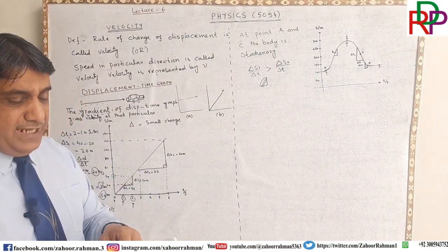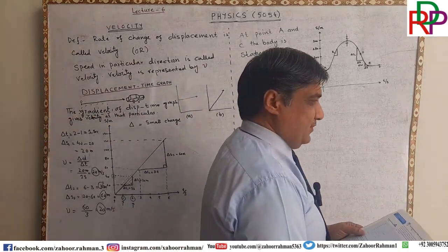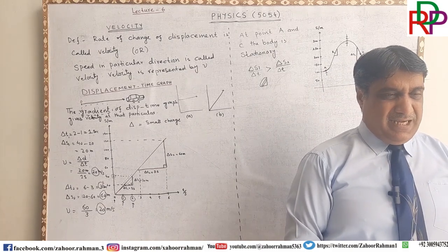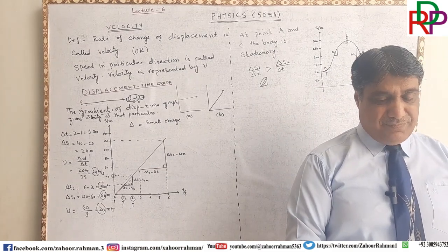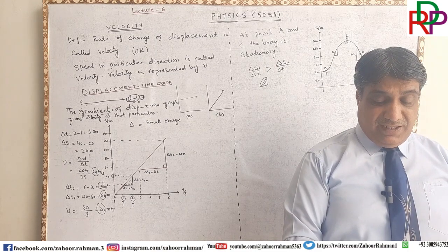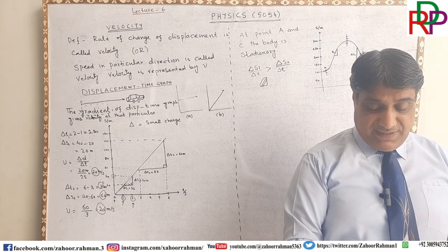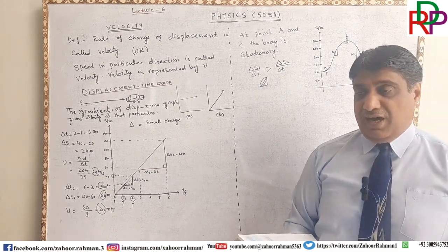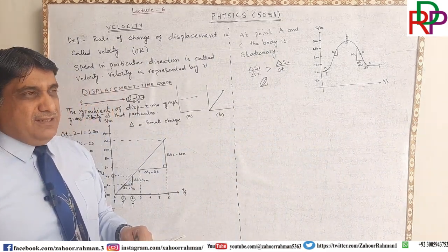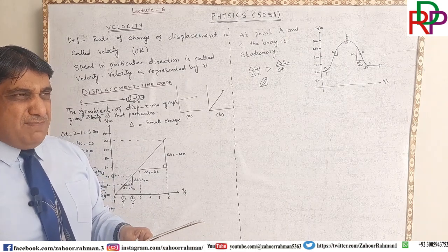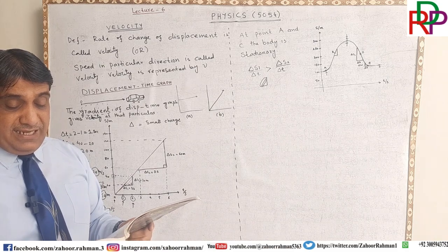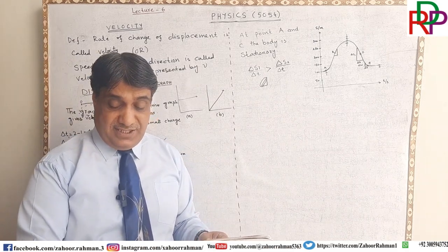As I told you in the case of instantaneous speed, the same case is with instantaneous velocity. The velocity of an object for a very small interval of time is called what? It is called instantaneous velocity.